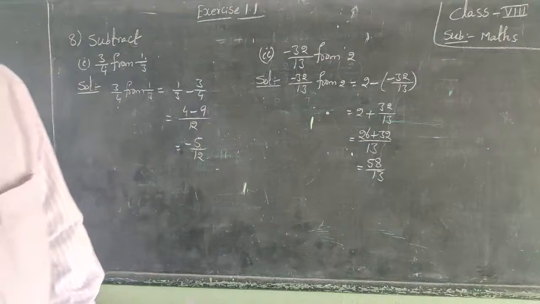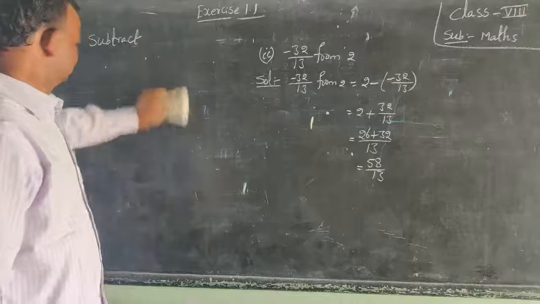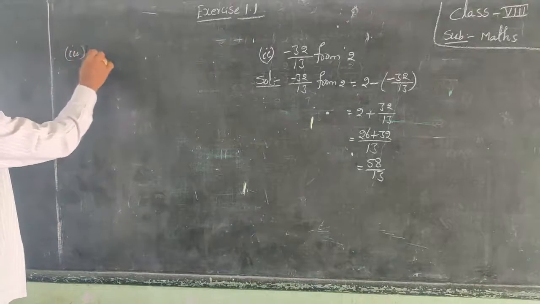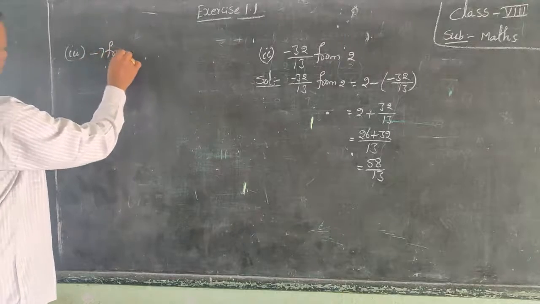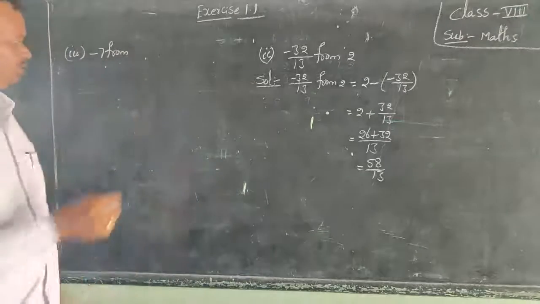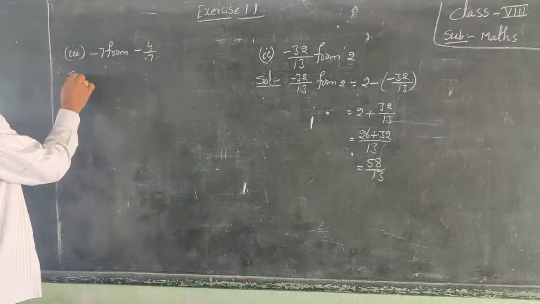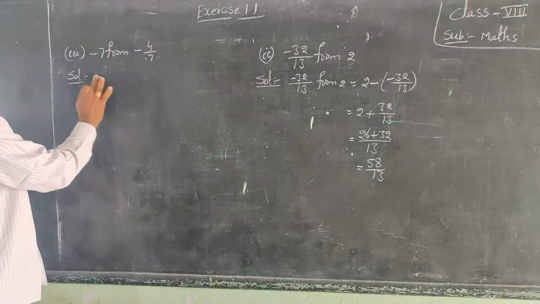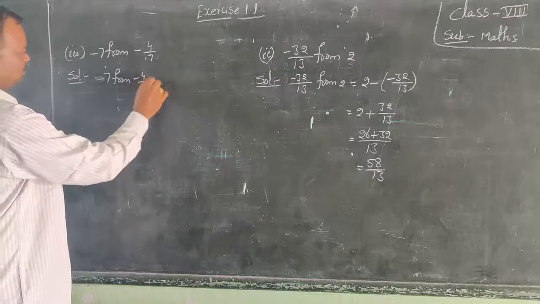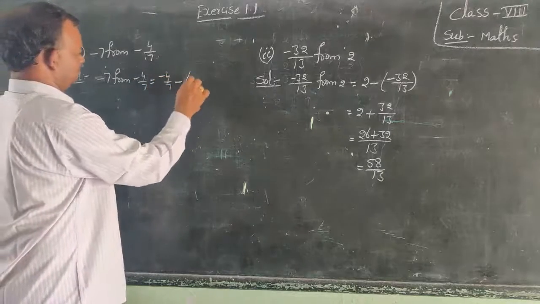And the third one is minus 4 by 7 from minus 7. Solution is minus 4 by 7 minus of minus 7.